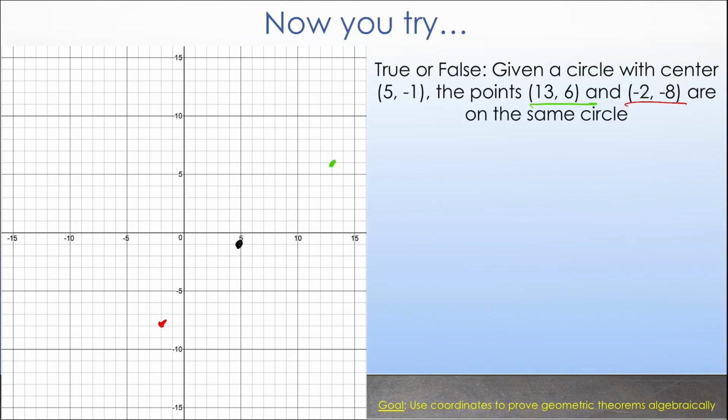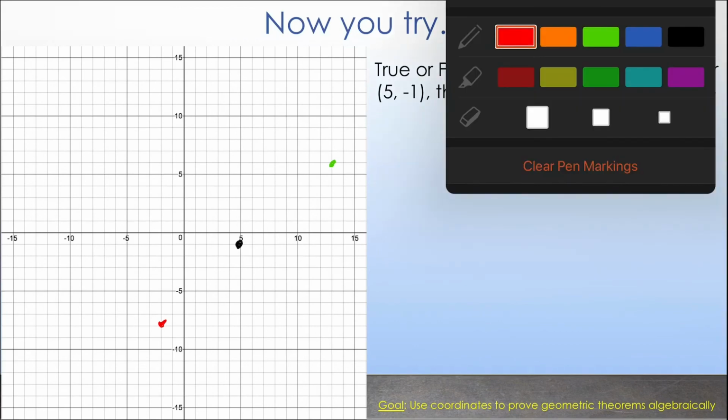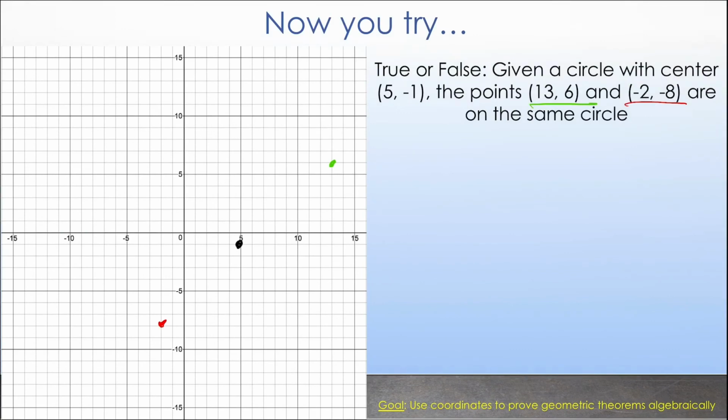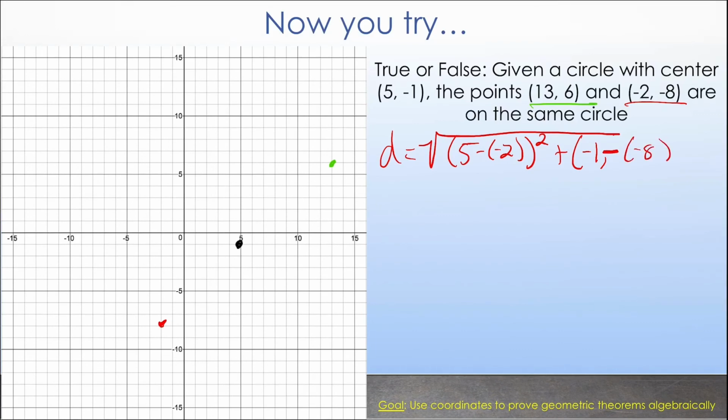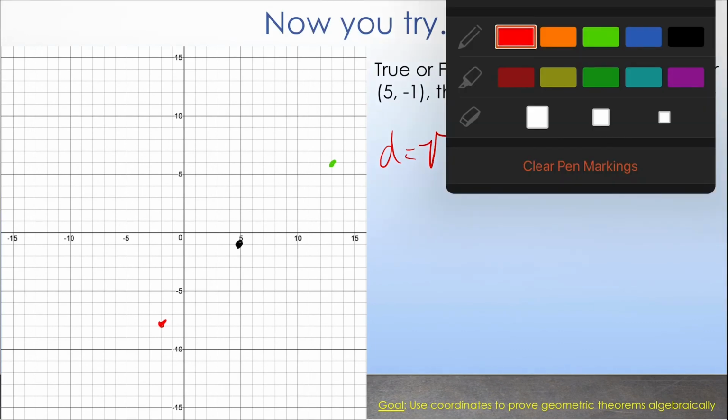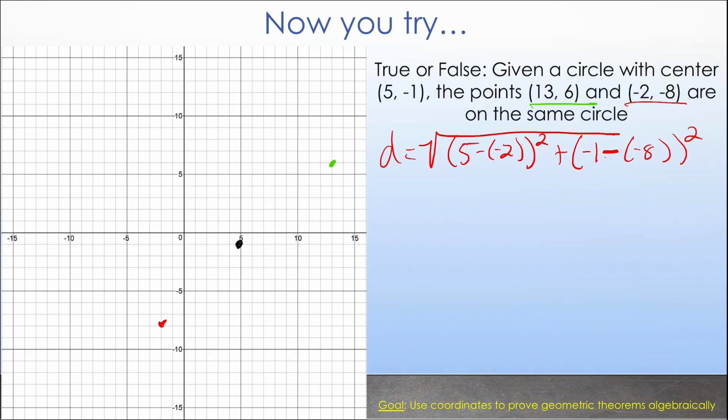I don't think they're on the same circle, but let's look. Now we'll start with our red. My red distance is the square root of 5 minus a negative 2 squared plus negative 1 minus a negative 8 squared.